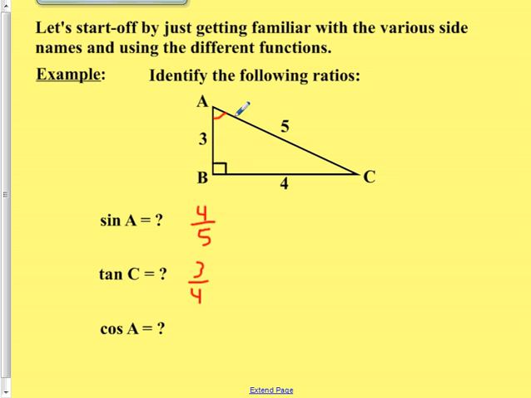So cosine is adjacent over hypotenuse. From vertex A, adjacent would be the 3. Another ugly 3 there for you. And that should be over hypotenuse. Hypotenuse is across from the right angle, so that would be your 5.